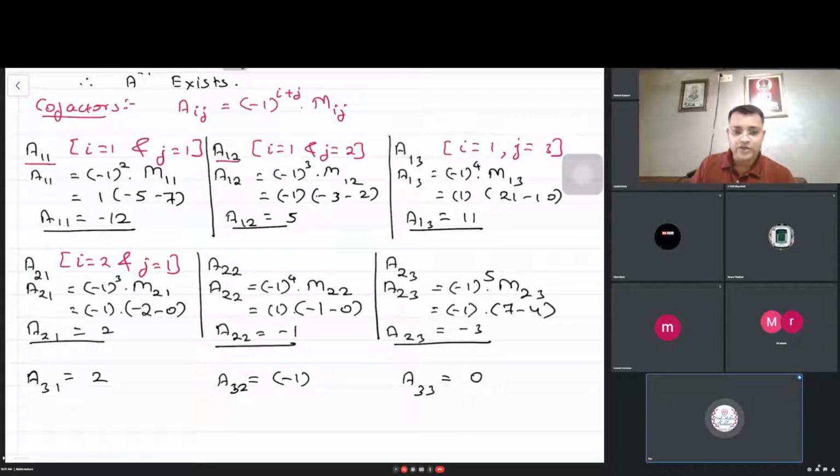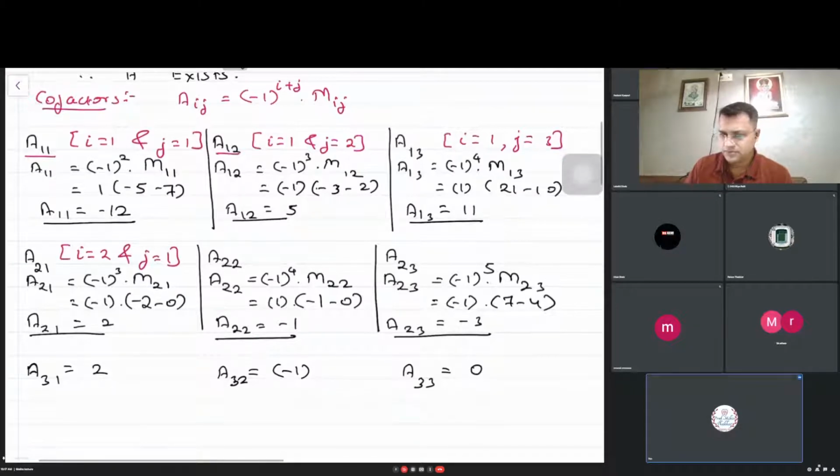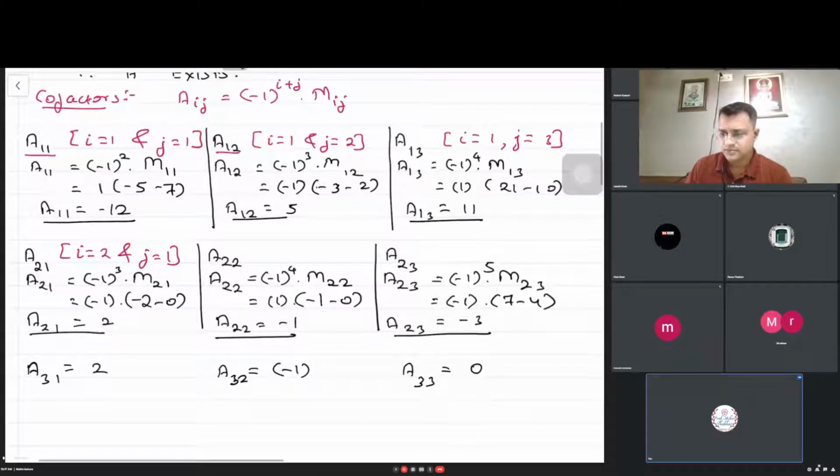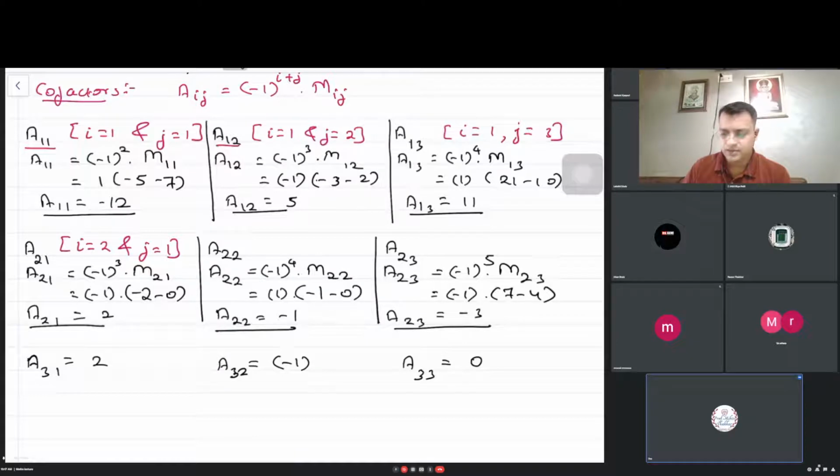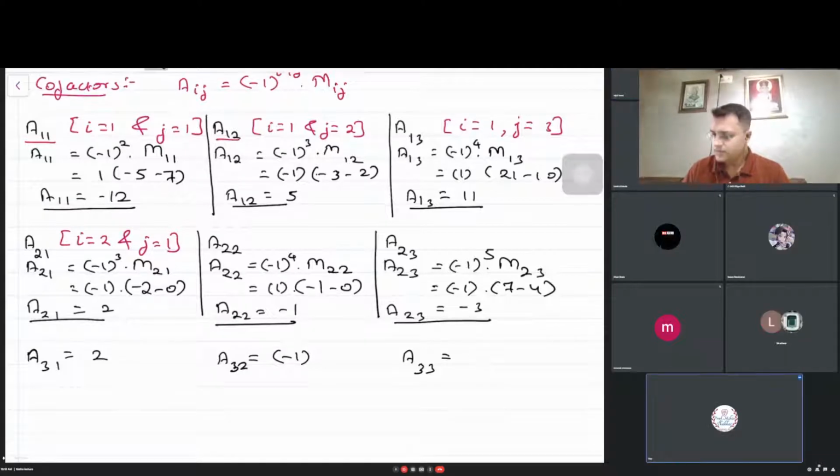Okay. I believe everybody must be getting the same answers. Anybody getting something else? Some different answer for this? All are on the same lines? Okay, fine. So now we are done with our cofactors. So this A33 value is minus 1 as per what you are telling. So it's okay, we'll write A33 as minus 1.